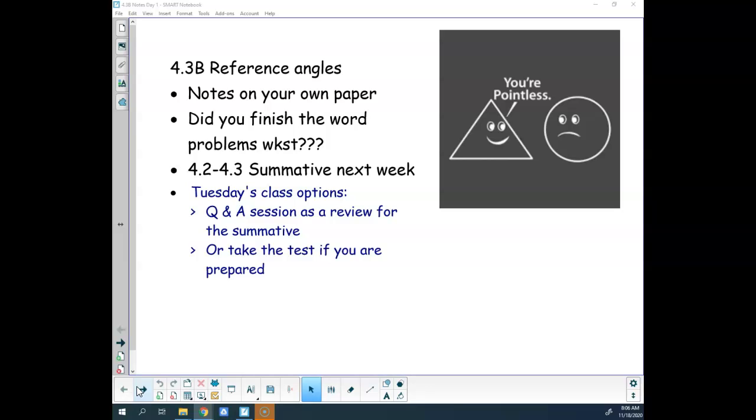There's a lot of different variety of questions on it. When you take it, I would have the pink trig identities sheet with you, and when you're reviewing, I'd have it with you also. So that is the plan going forward.